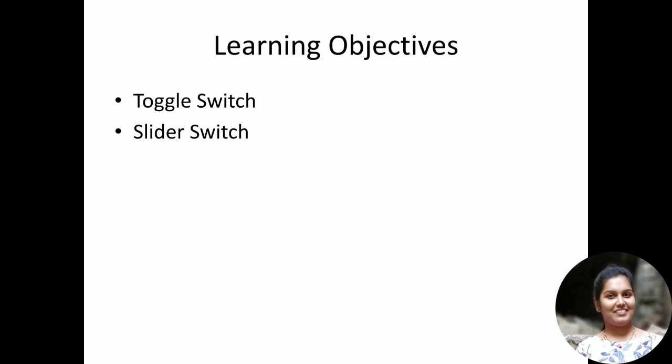Later we'll discuss the classification of toggle switch based on the application, like what are the applications for toggle switch. Next, we'll see the constructional details of a toggle switch. Finally, we'll see what are the applications of toggle switch.